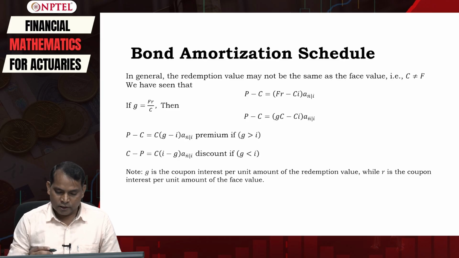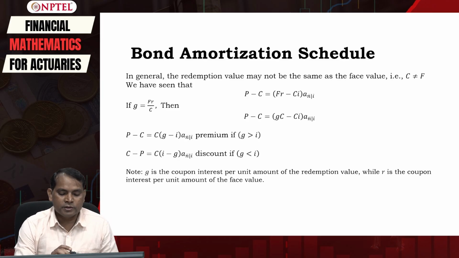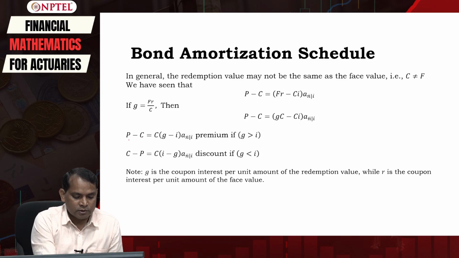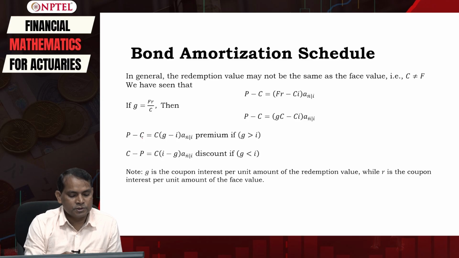If G is equal to FR by C, then we can replace this so that P minus C is equal to GC minus CI a angle n at i, which gives us P minus C is equal to C(G minus I) a angle n at i.